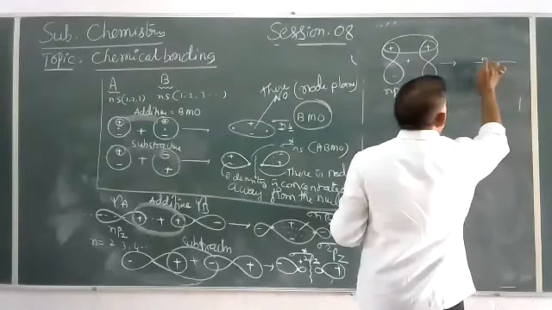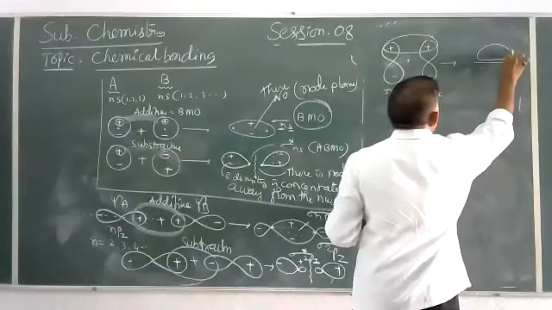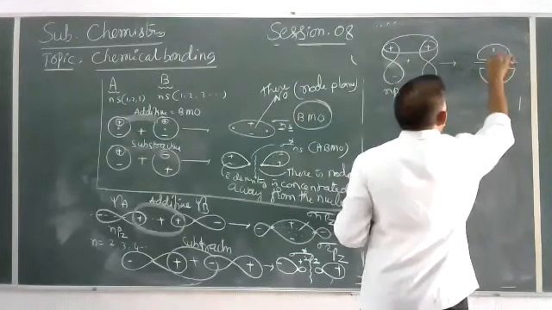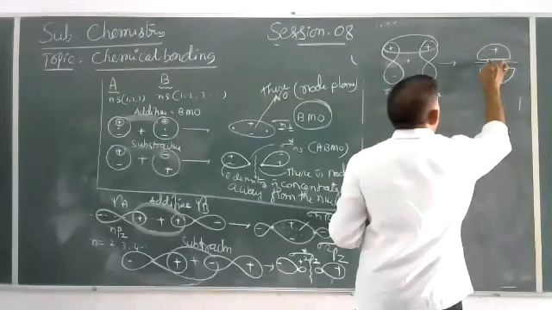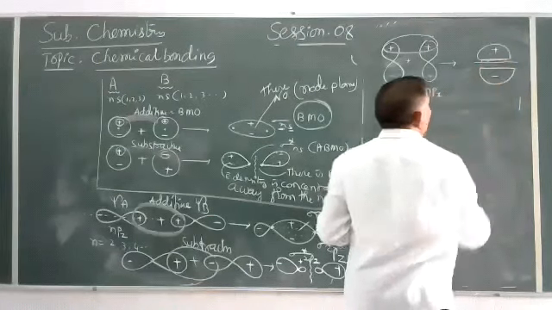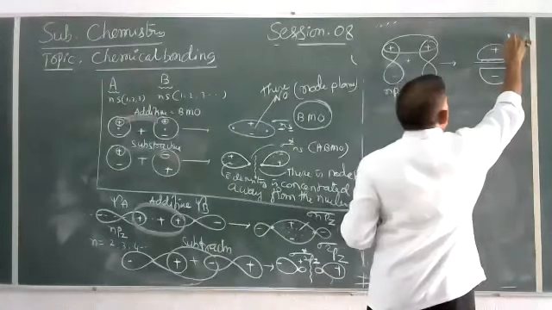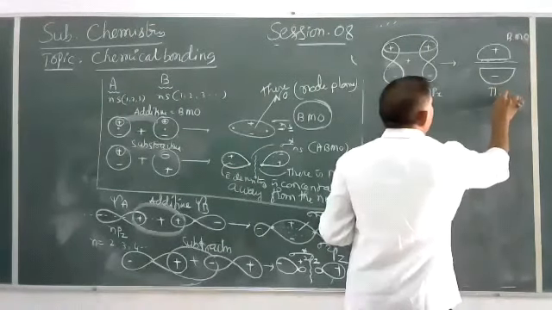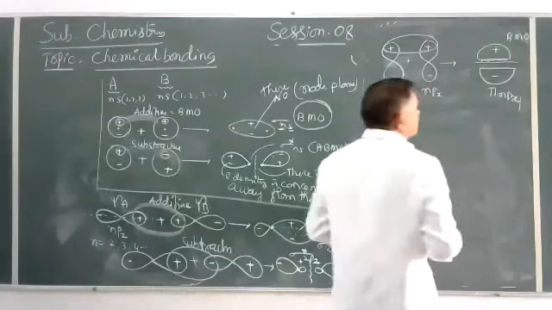This is the internuclear axis. Electron density is concentrated between the nuclei. Now this is the bonding molecular orbital denoted pi npx.